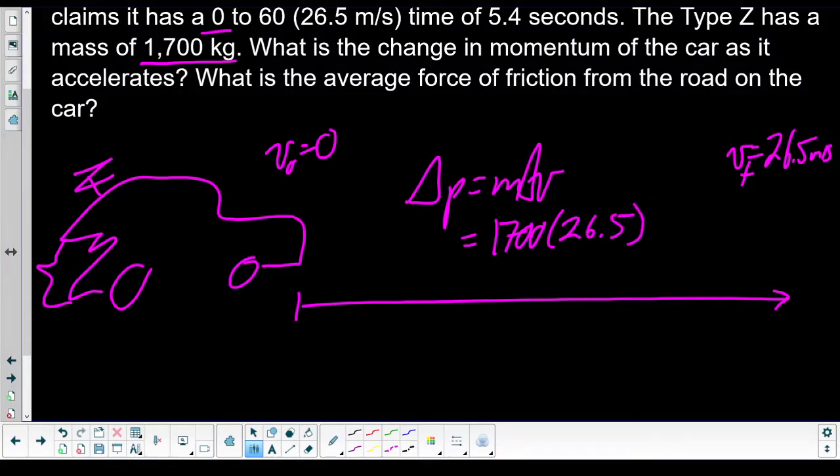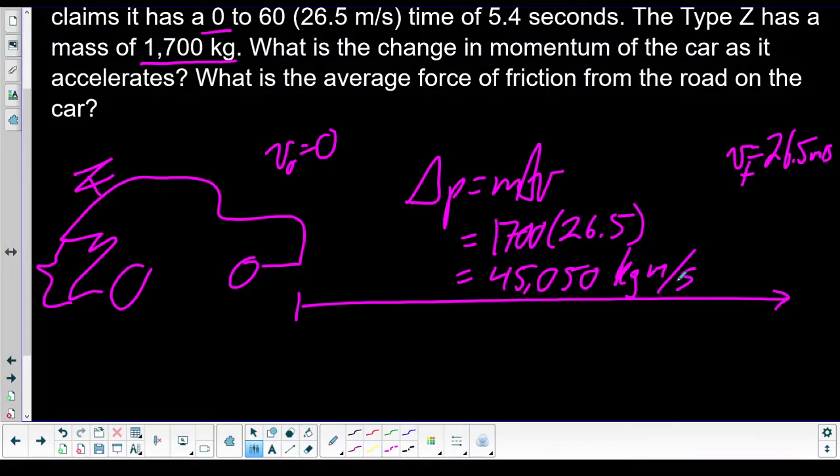And then we use a calculator to multiply 1,700 times 26.5. And we get that our change in momentum is equal to 45,050 kilograms meters per second.